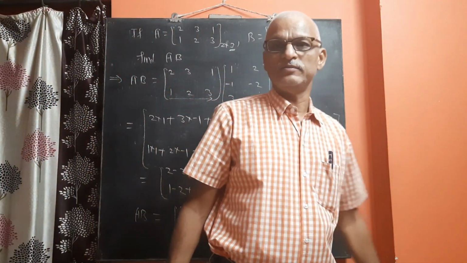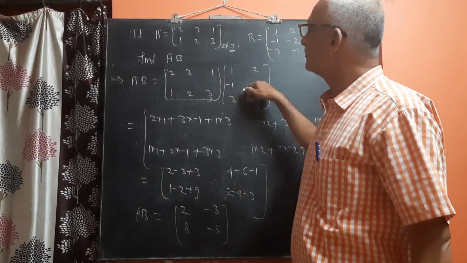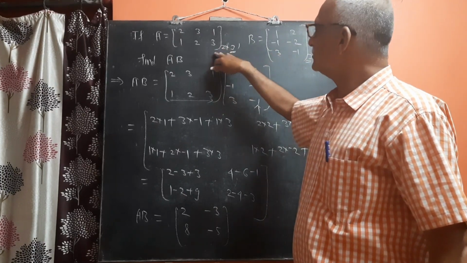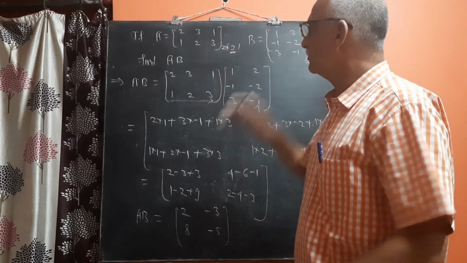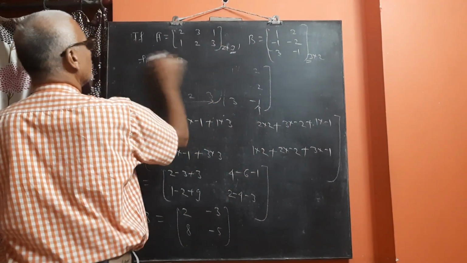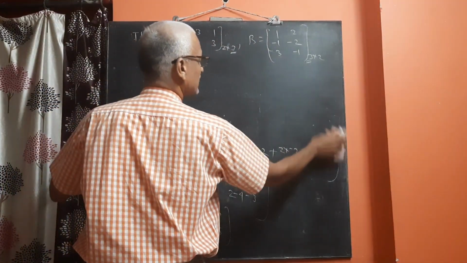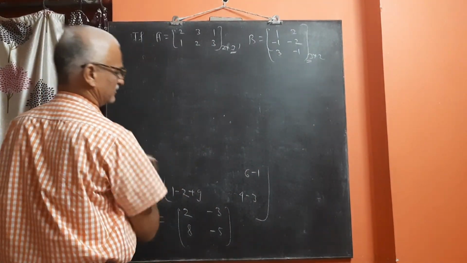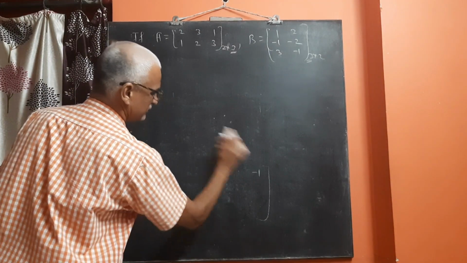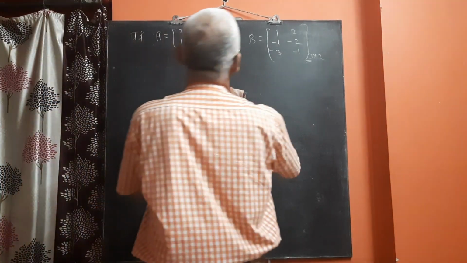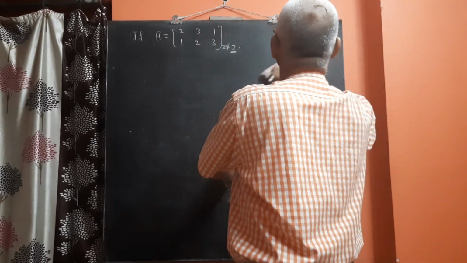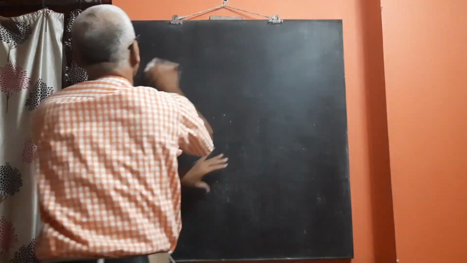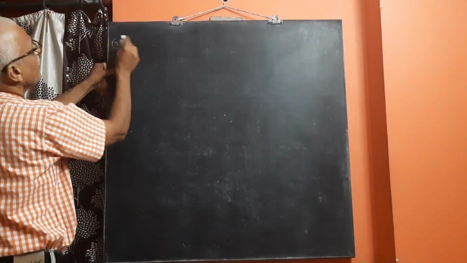This is the resultant matrix AB with the order of A as 2 by 3 and B as 3 by 2. So we have taken the multiplication of matrices of order 2 by 2, and 2 by 3 with 3 by 2. Let us solve one more problem on the multiplication of matrices, that is the third one.